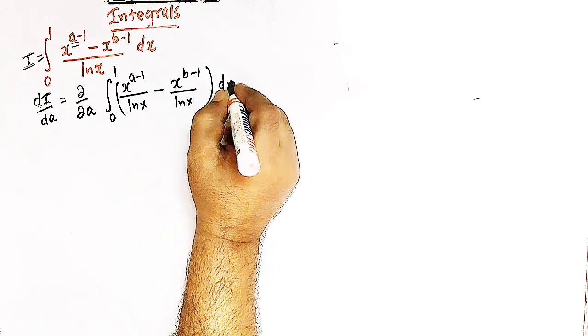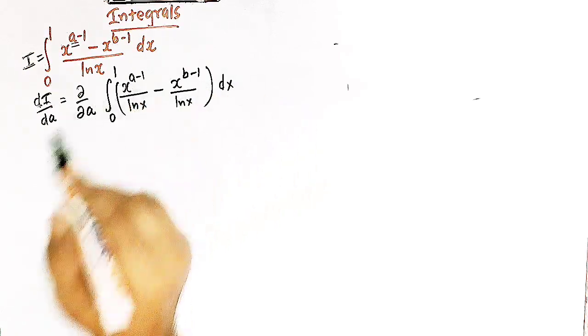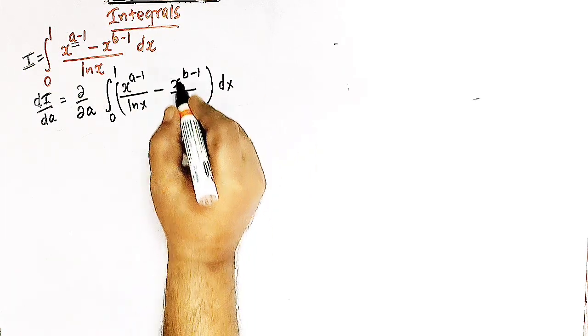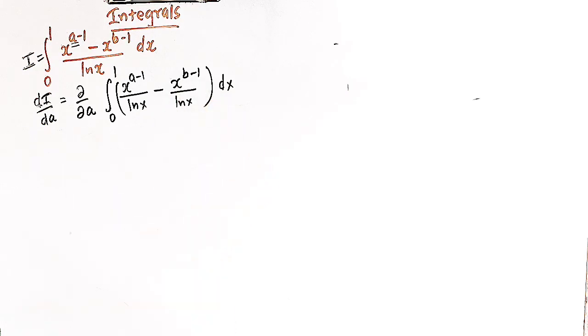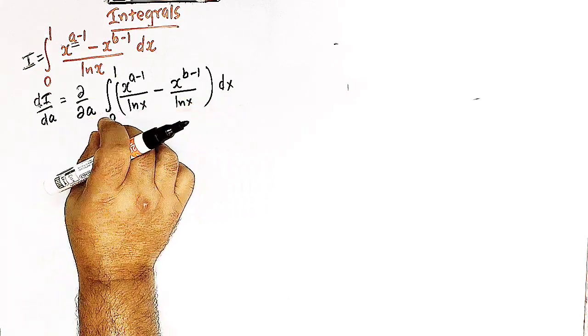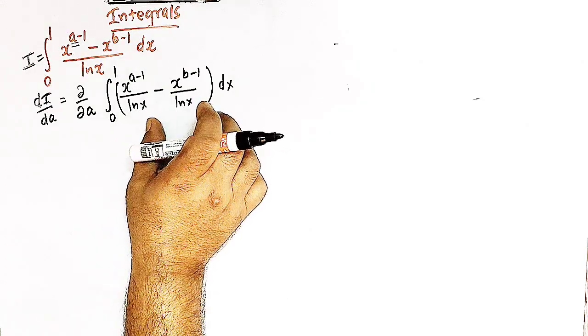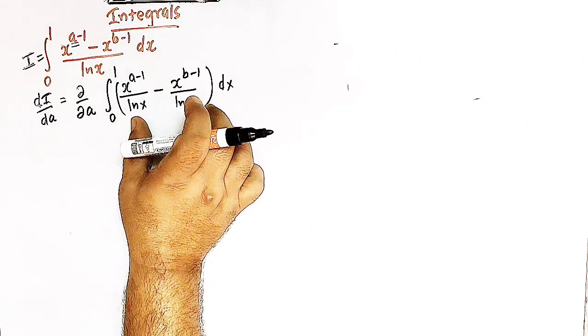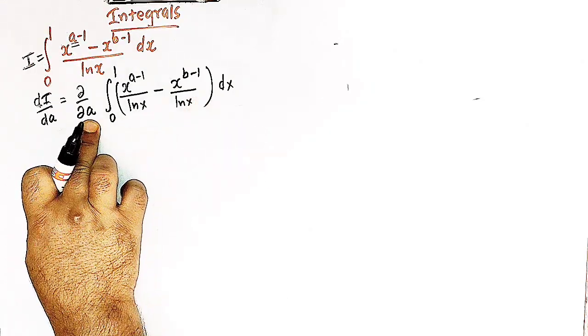And here we are treating a as a variable and b and x as a constant. So we'll differentiate this term which is inside the integral sign, that is our integrand, with respect to a.